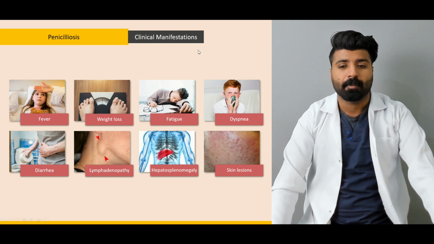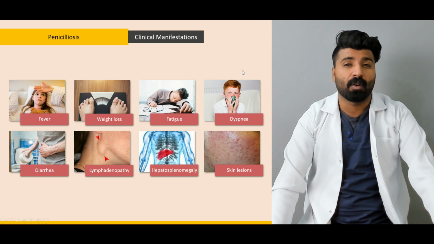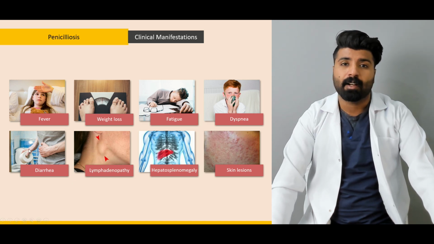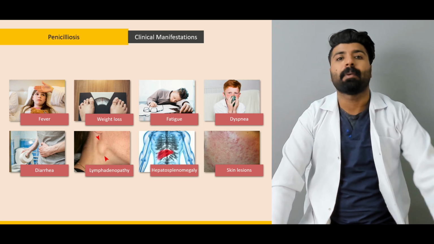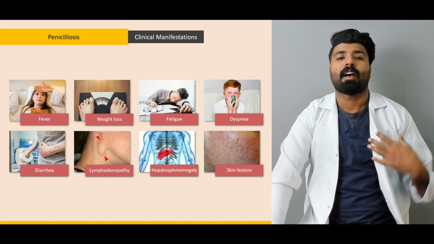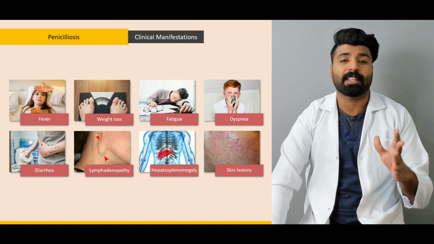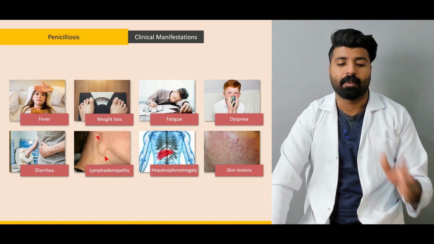Dyspnea. Now, dyspnea is a symptom when only the respiratory system is being involved, or your circulatory system is being involved. Diarrhea, if it somehow affects your gastro system. It's very rare. Let me tell you, fungal infections affecting your gastro system are very rare, but it does happen, and it will lead to diarrhea.